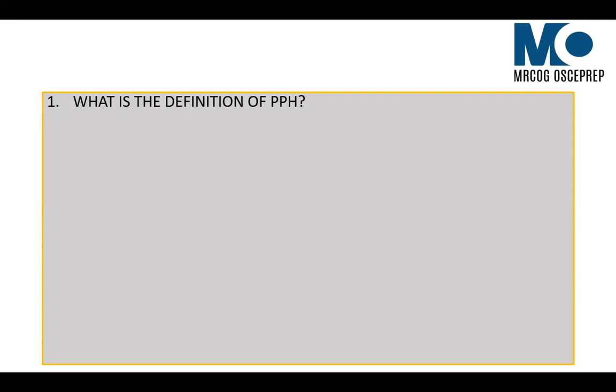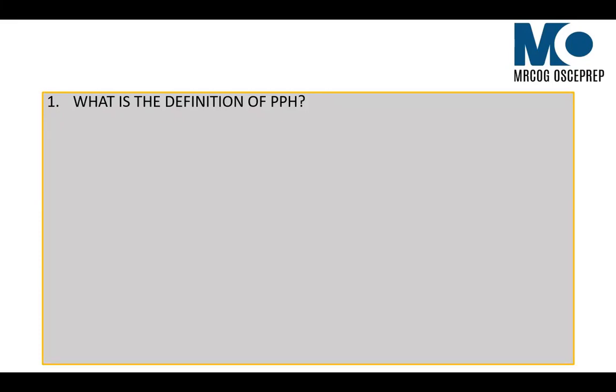If the blood loss is more than 500 ml, then it's minor, and if it is more than 1000 ml, then it is major. There are so many causes of postpartum hemorrhage. It may be due to uterine atony, due to any retained product of conception.